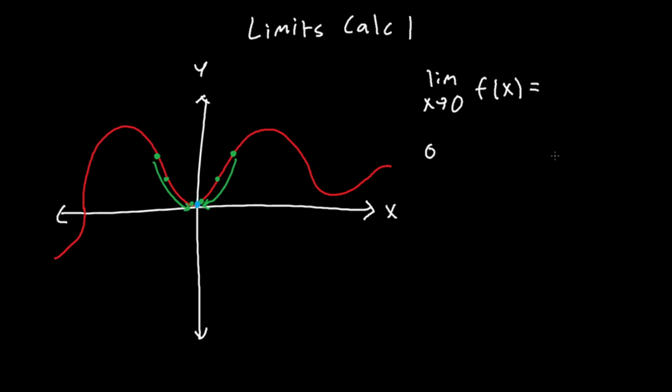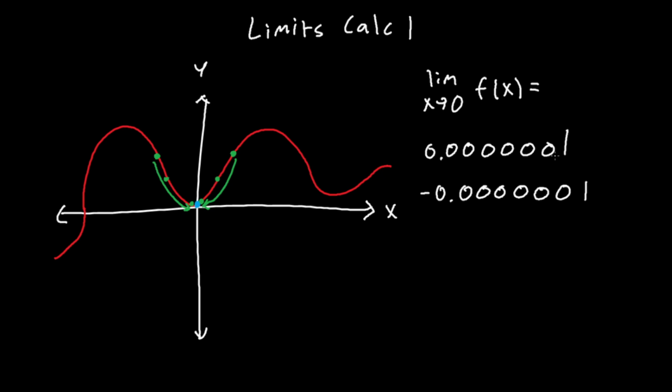So it could be at 0.0000001 or negative 0.000000001. Basically, a limit measures the y value of these 2 green points as they get arbitrarily close to x equals 0.